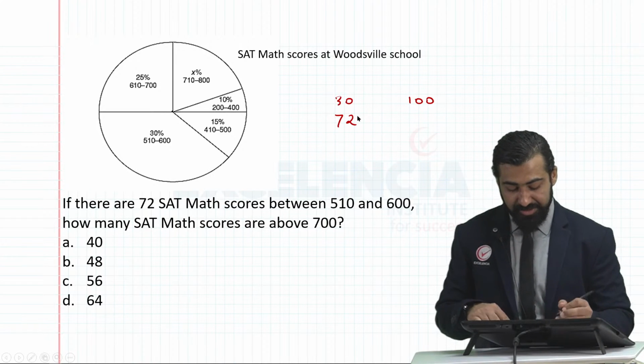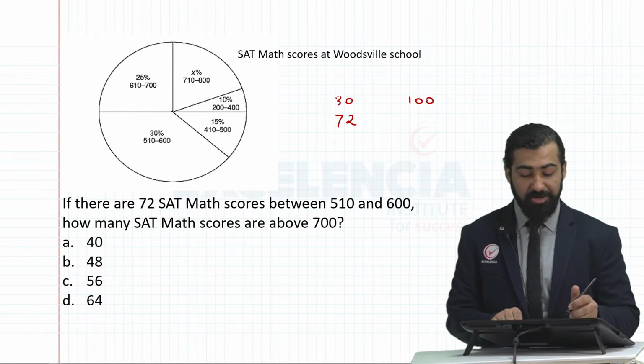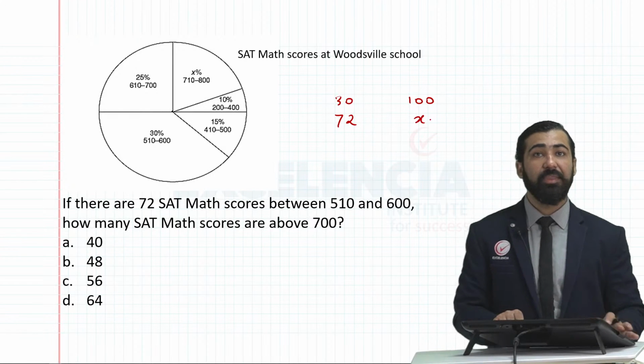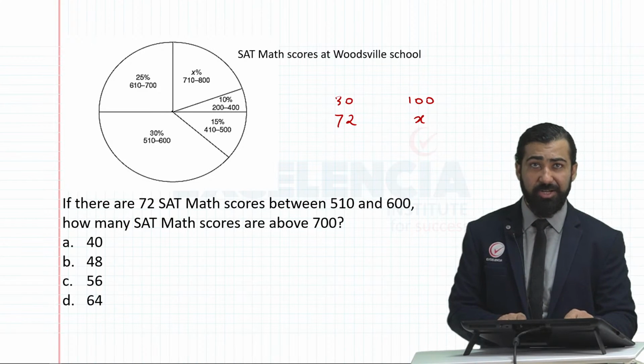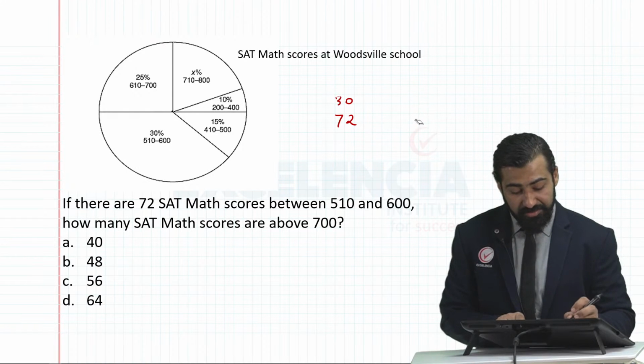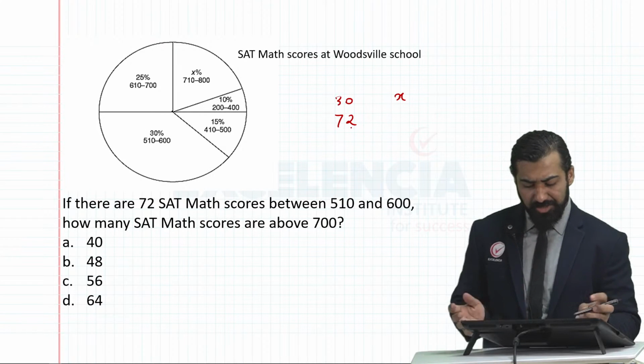How many SAT math scores are above 700? Above 700 is X. I'm doing the simple unitary method. 30 compares to 100 as 72 compares to X, but I don't know either of these values.